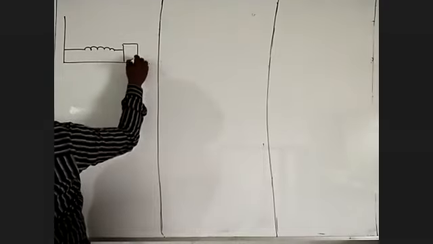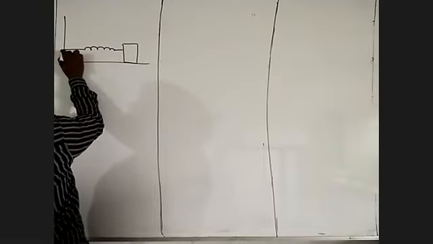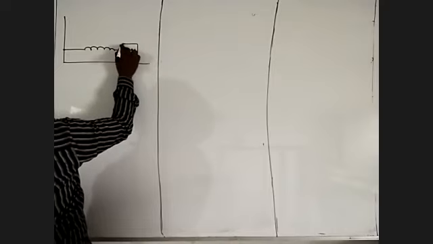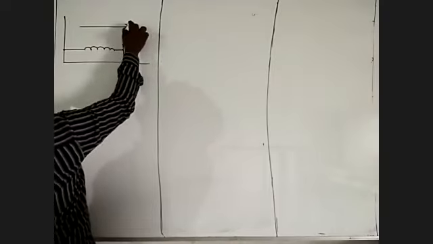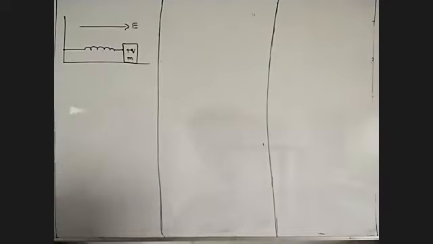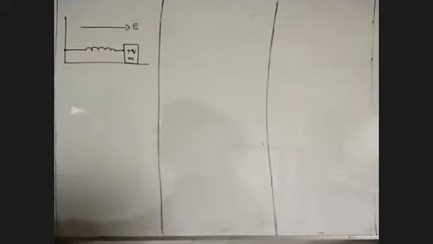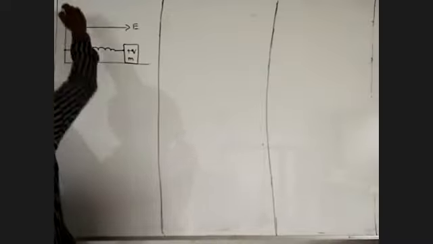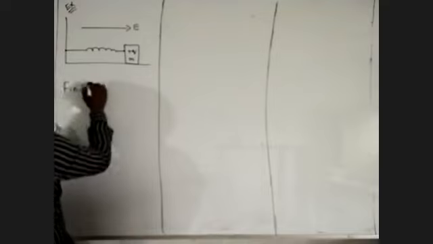This is a spring. One end is connected here, and the other end is connected to mass m. This mass has a positive charge, and the direction of the electric field is this direction.